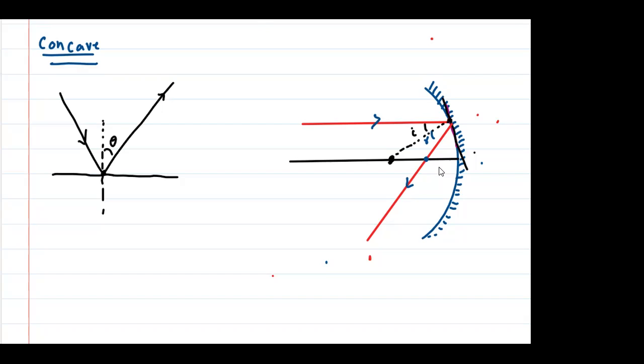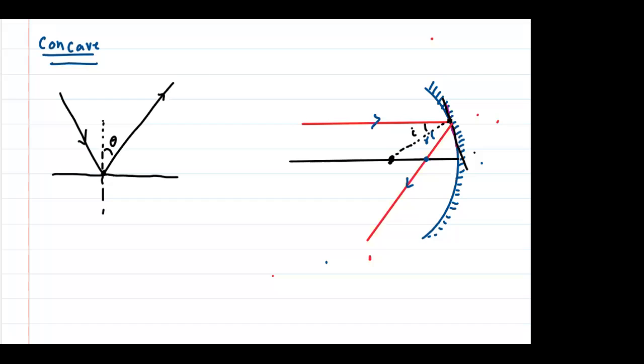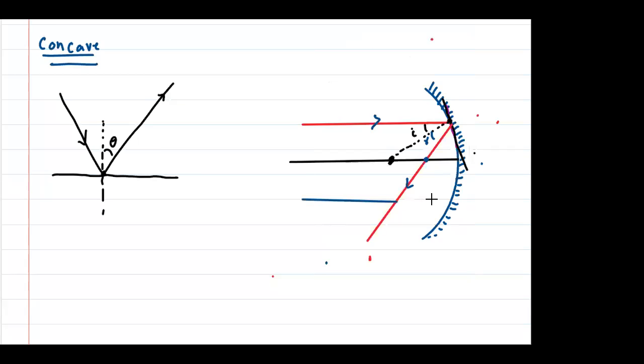So this is the property of this concave mirror actually. Take another line, any other line, like this. Now this line will also pass through this point.